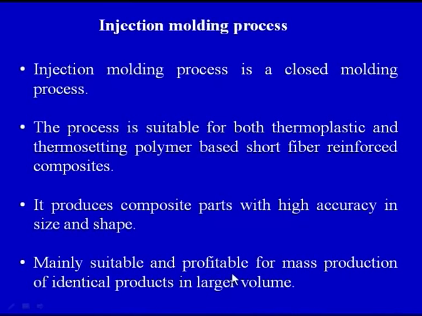Now two important points need to be emphasized in this particular bullet. If you see the last point on your slide, it is suitable and profitable for mass production of identical parts in large volume. Why is there an emphasis on identical?